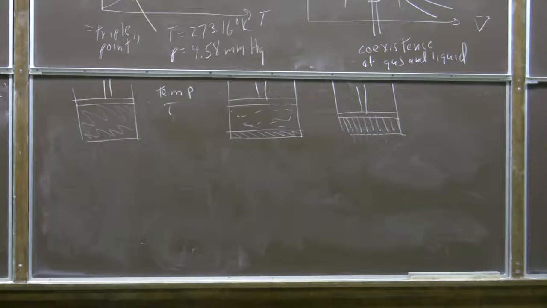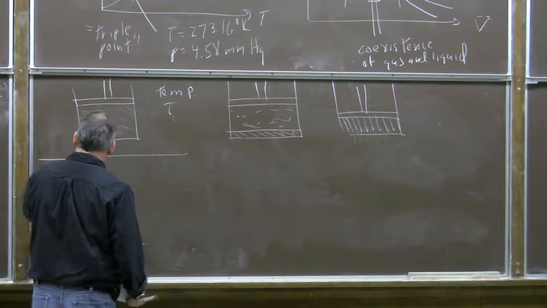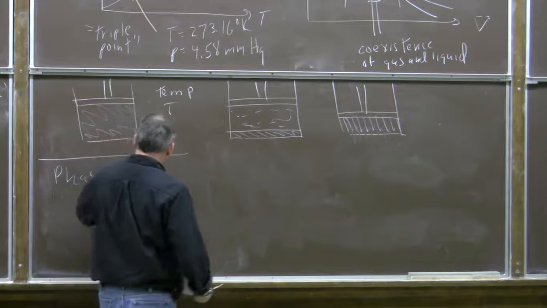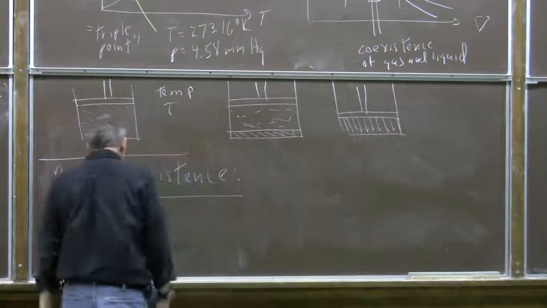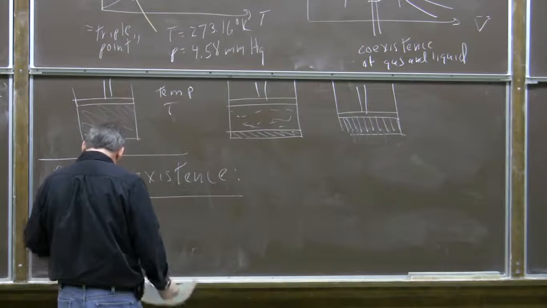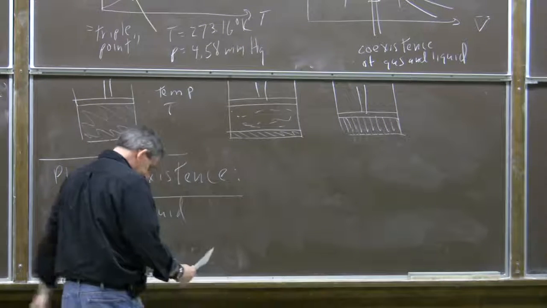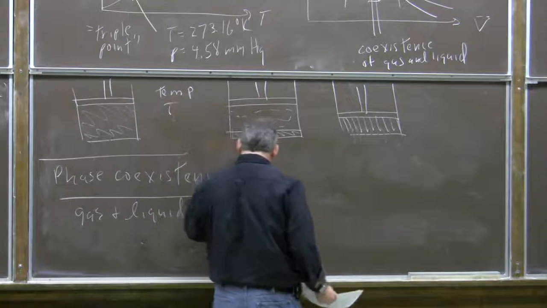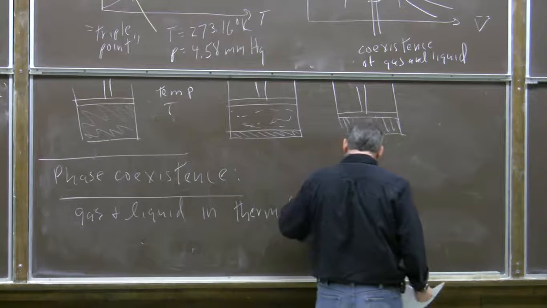So when we have coexistence, it means that we have gas and liquid in equilibrium with one another. In particular, in this case, we're talking about gas and liquid in thermal, mechanical, and diffusive equilibrium.